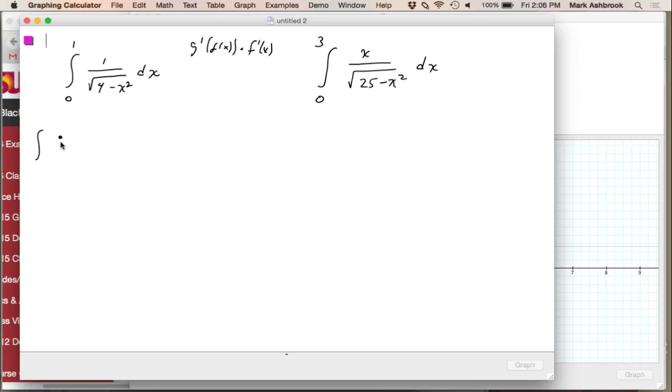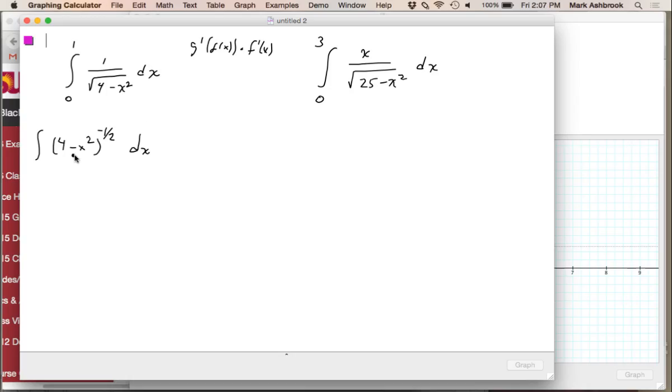We could rewrite this as 4 minus x squared to the negative 1/2, if we wanted to. Does that have the form g prime of f of x times f prime of x? Can we just use the rule? It's very similar to the derivative of arc sine. Okay, yes, but that wasn't my question. Yes, you're right, that's where we're going.